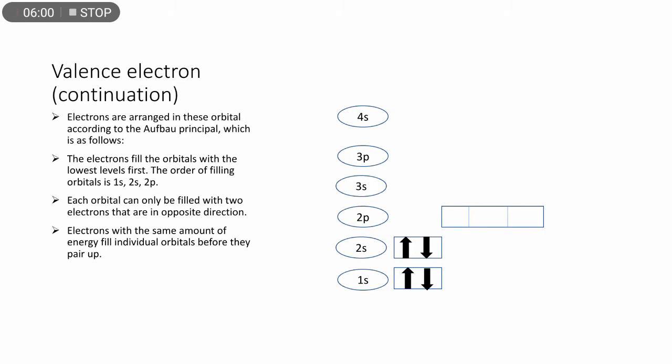The last point refers to the 2p and 3p orbitals, which means firstly, electrons want to be free in their space.